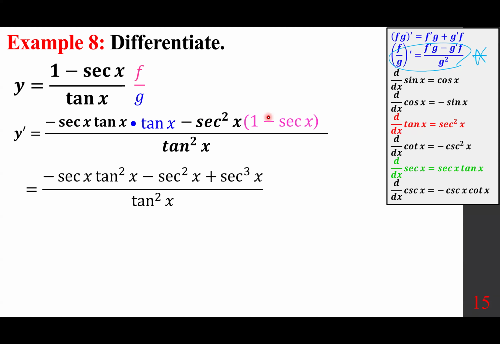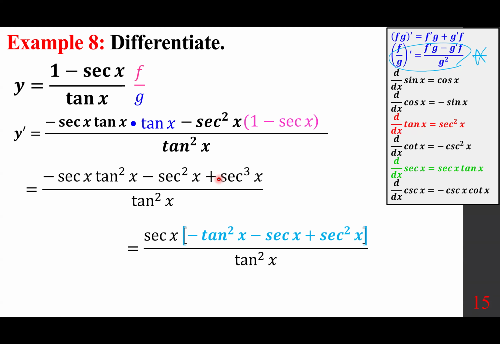So the numerator, we simplified as such, and we notice there is a common factor of secant x. So if I take the secant x out, this gives me negative tangent squared. This gives me negative secant x, and this gives me positive secant squared x. So we take the secant x out. You get this.